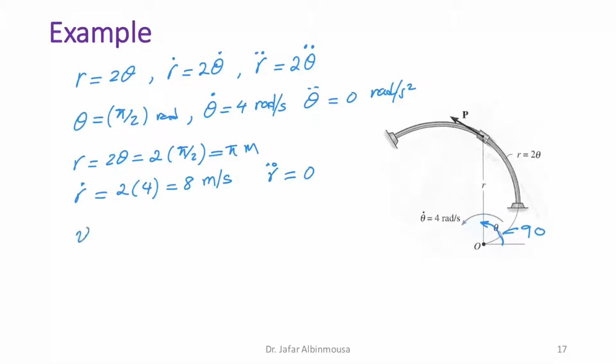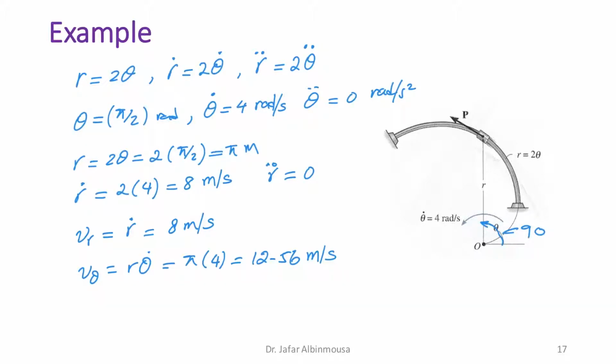So the velocity in the radial direction is equal to r dot, which is 8 meters per second. The transverse velocity v theta is equal to r theta dot, which is pi multiplied by 4, and this gives 12.56 meters per second.